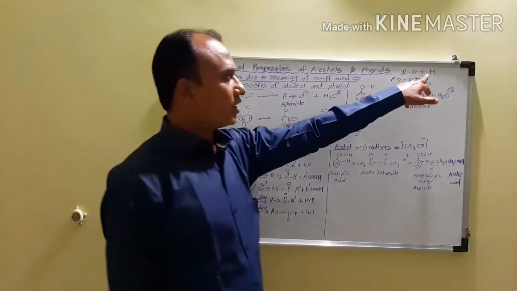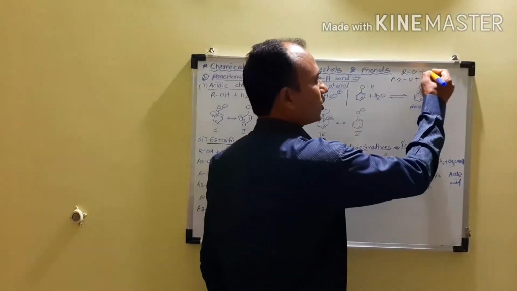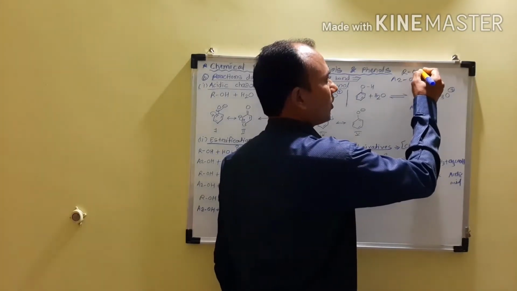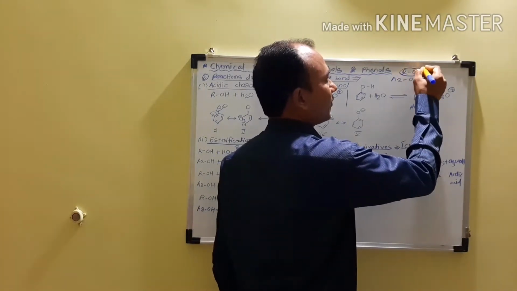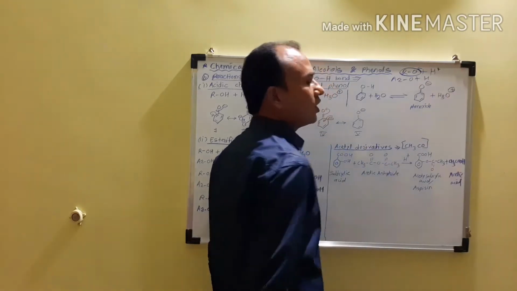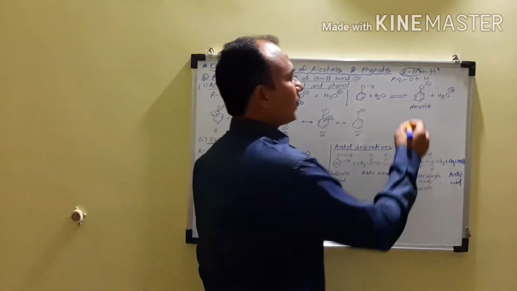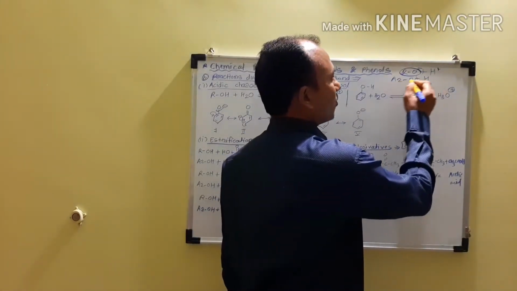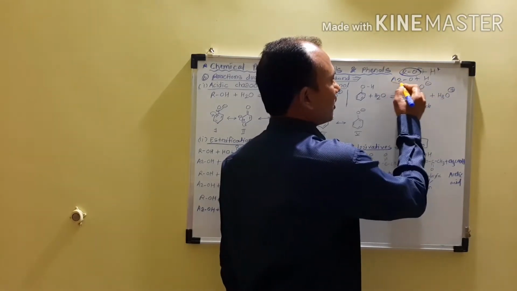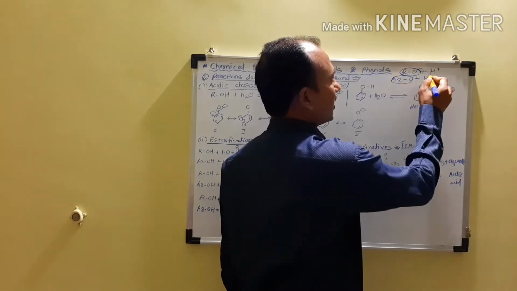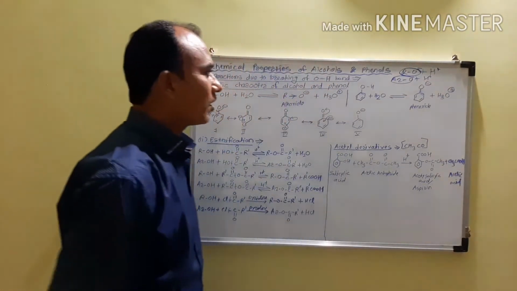If there is breaking of the OH bond in the alcohol, there will be a formation of the alkoxide ion which carries a negative charge, and hydrogen carries a positive charge. When there is a breaking of the OH bond in the phenols, there will be a formation of the phenoxide ion and the H plus ion.